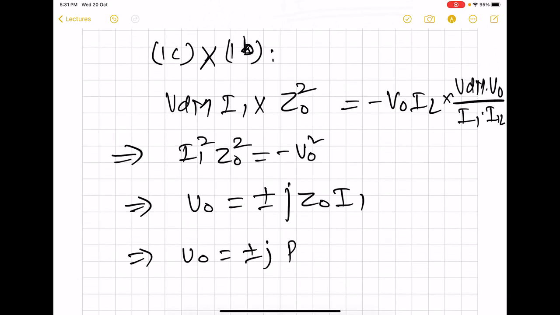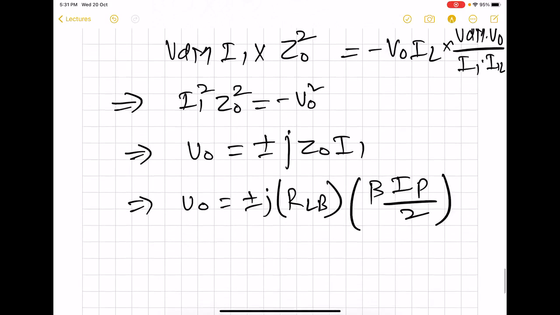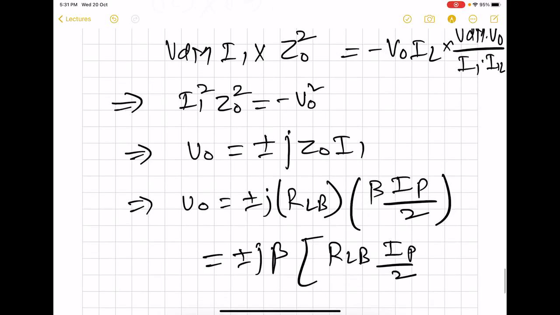But we know that Z0 is RLB, and we know that I1, which is the fundamental of the half-wave rectified current, is beta IP by 2. So this becomes plus minus j beta RLB IP by 2.